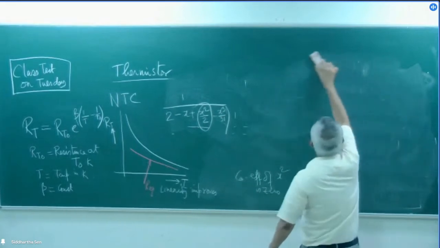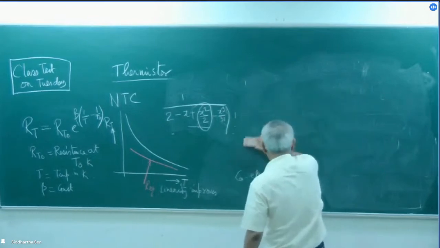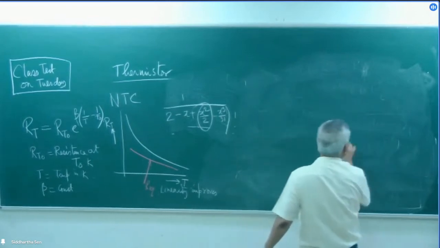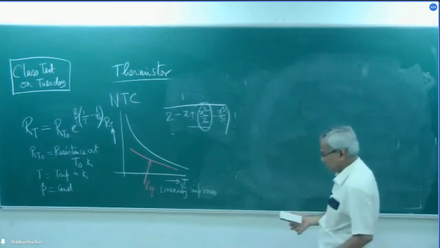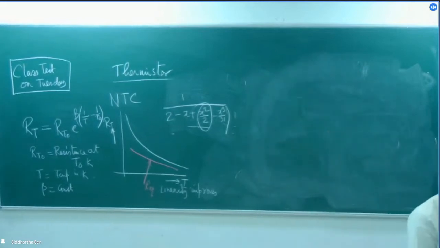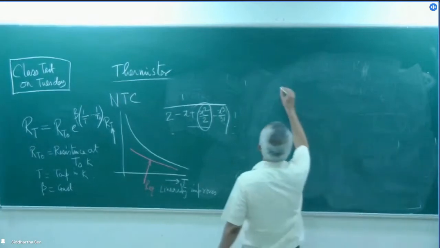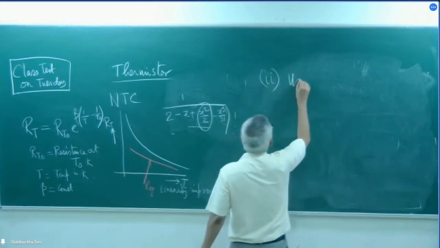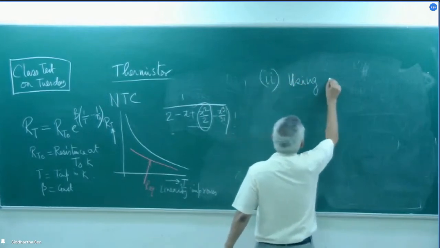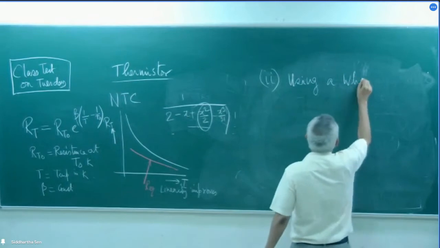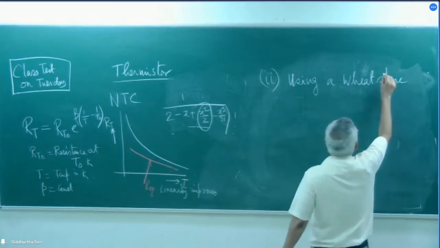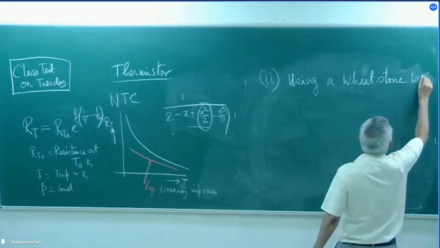Next is another interesting method. I will be outlining it, but I would say try to do that one and be convinced yourself. So the other method of linearization is using a Wheatstone bridge.